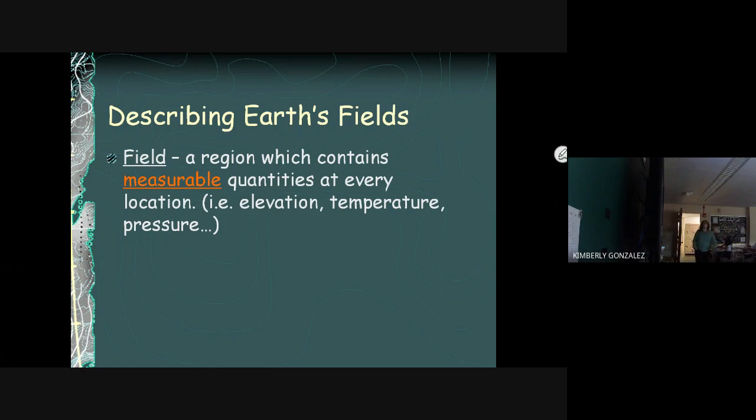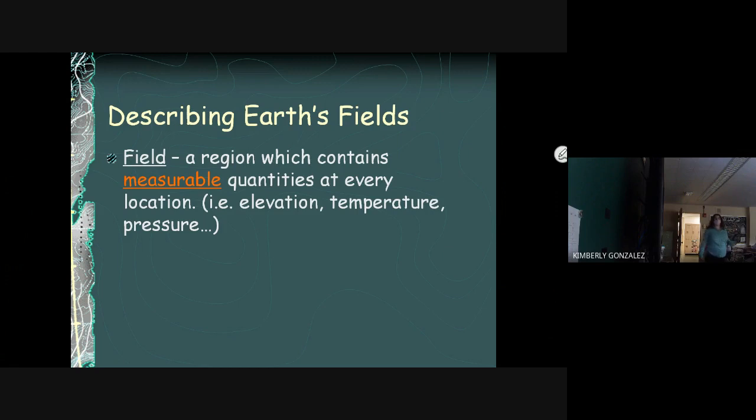A measurable quantity is pretty much anything. It could be elevation.